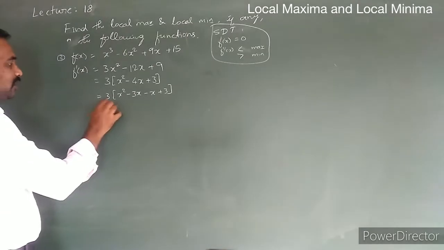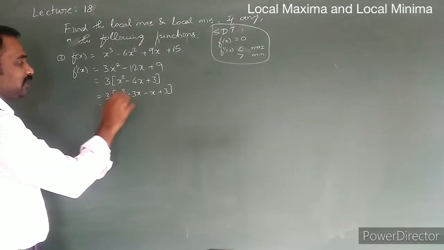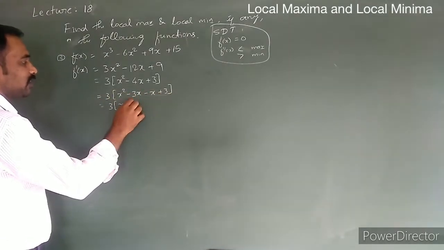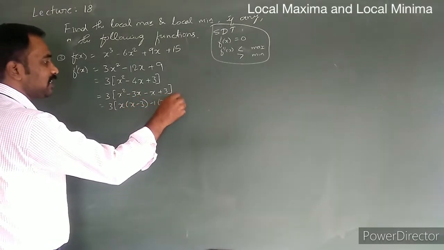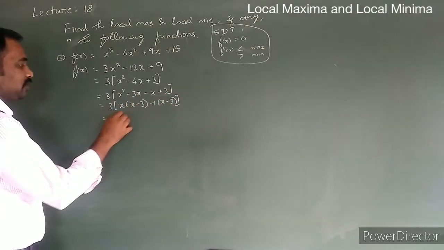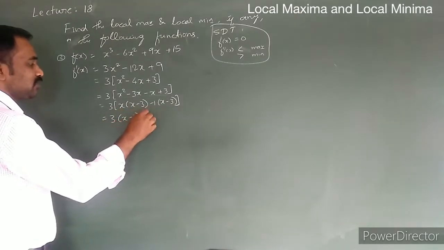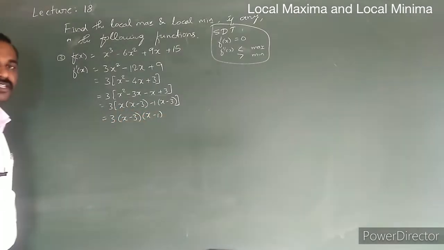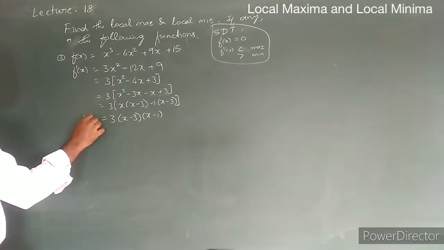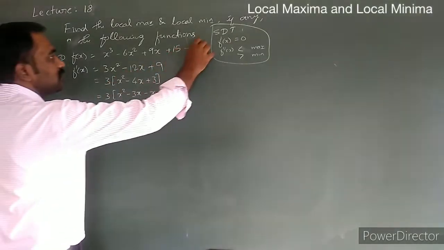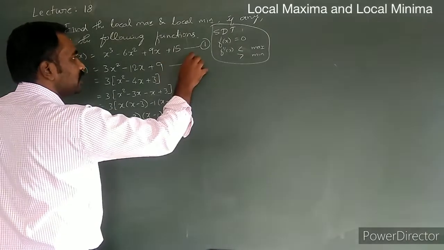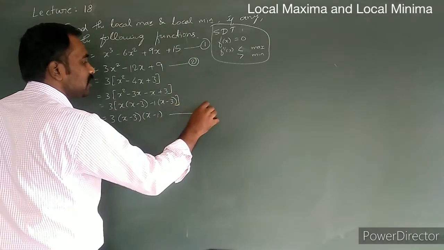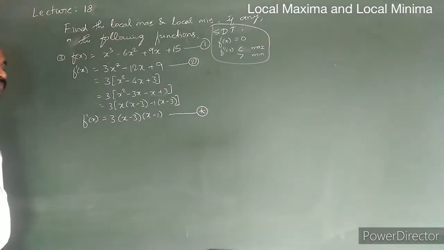Again, x is common out of these two terms: x minus 3, and here minus 1 is common, x minus 3. So 3 into x minus 3 into x minus 1. This is our f dash of x. This is equation number 1, and this is equation number 2, and this is equation number star or 3.